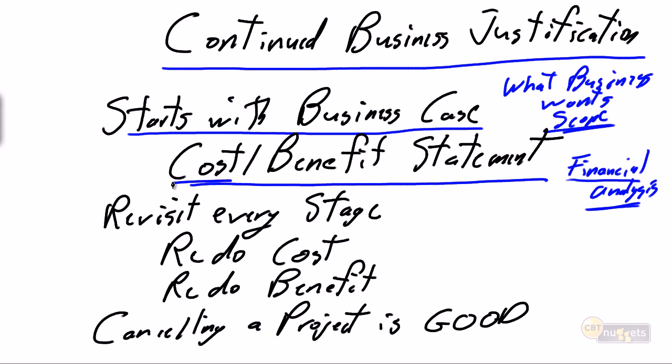Now, the costs typically for a project are pretty easy to come by, and I say that somewhat tongue in cheek. It takes a lot of work by the project management team, by ourselves, to come up with the cost. But once we have the scope defined, once we've identified all of the work packages and all of the other pieces and bits and bobs that are necessary to make the project, we simply assign the cost to all of the components, all of the work packages, all of the estimates, and we can come up with the cost for the project.